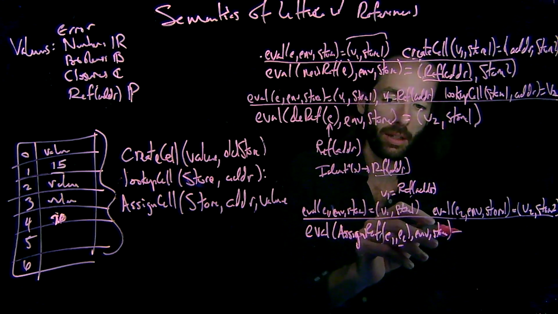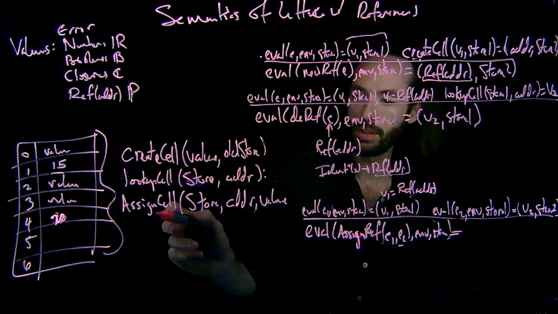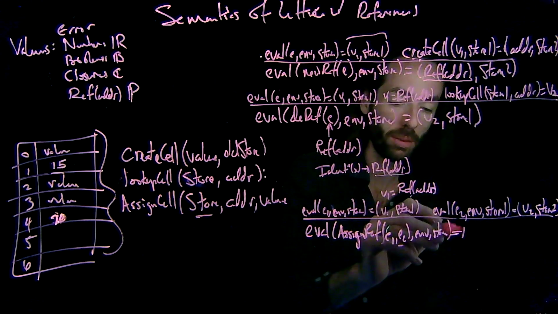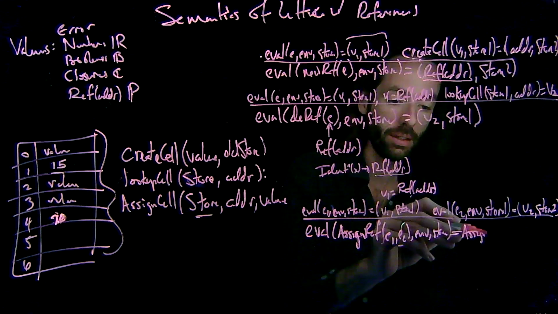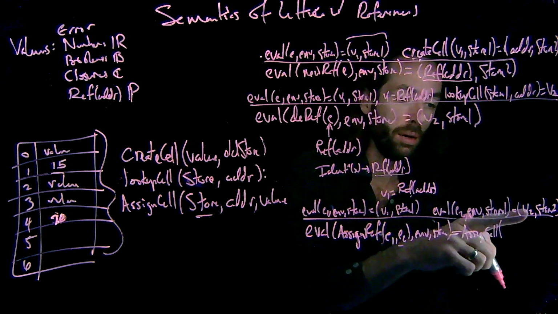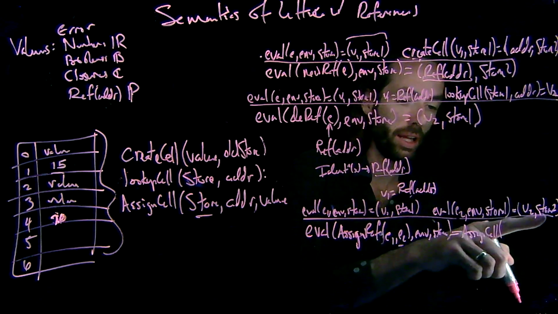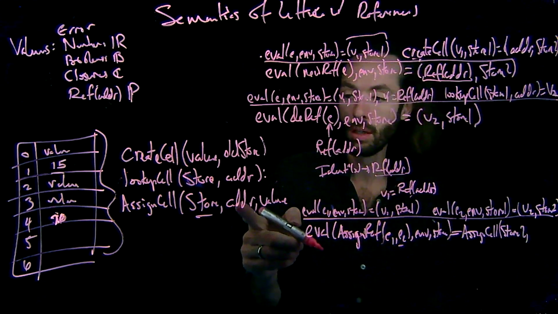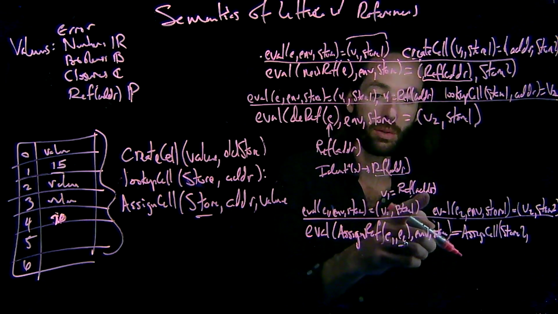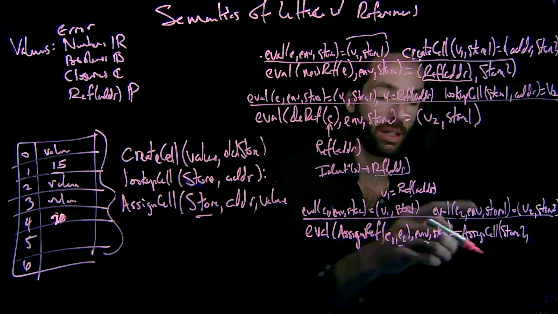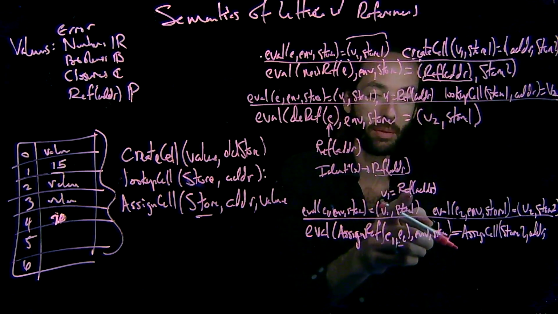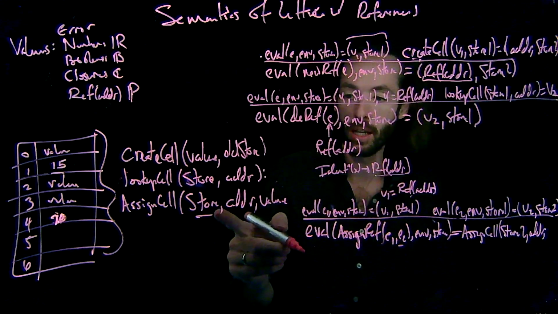And so what should this final deal be? Well, we have this assign cell. So I have a store that I need to put in. What's the store I want to use? The last store that might have gotten modified, store2. What's the address? That's the address I got from v1 here. I can unwrap it from the reference and just get the address straight out.